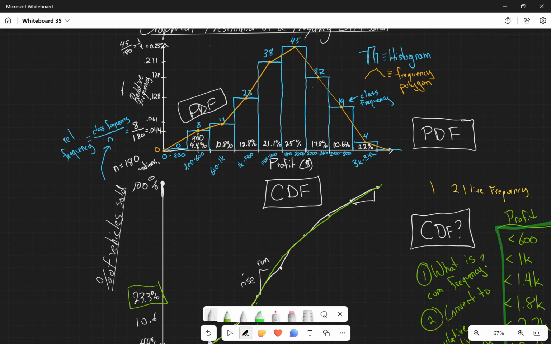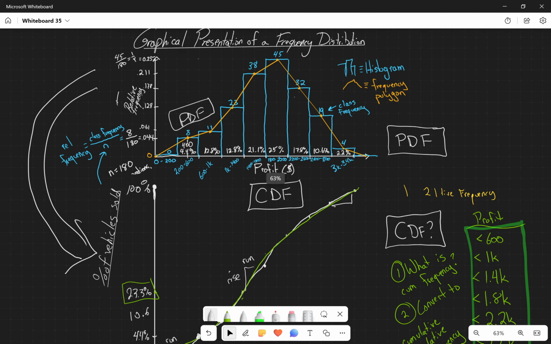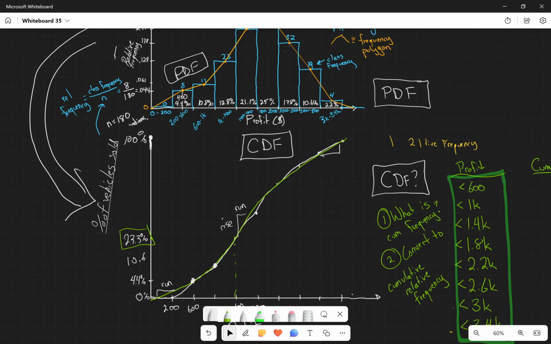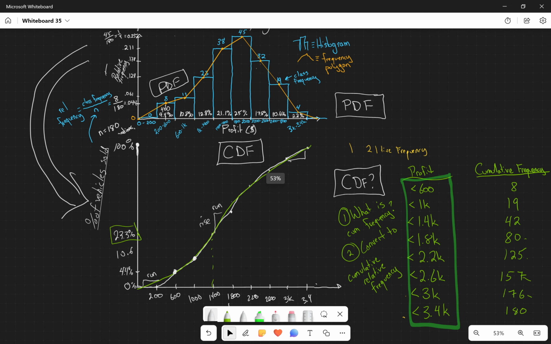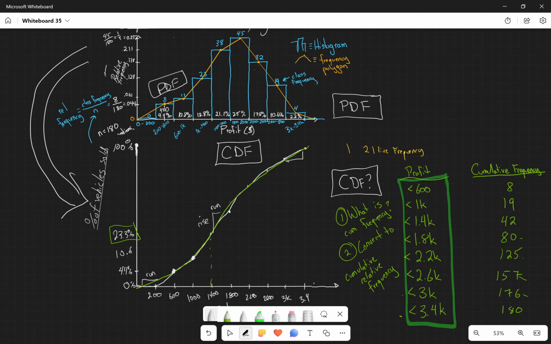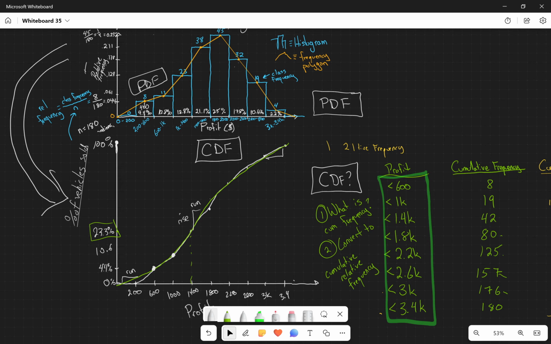So the shape of our PDF directly leads to, the PDF determines the shape of the CDF. So they are inextricably linked in the same way that an exponent is a logarithm. A PDF is the rate of change of our CDF.